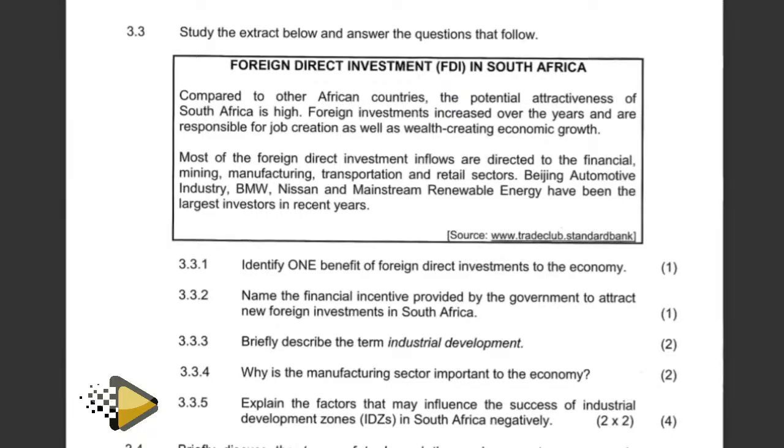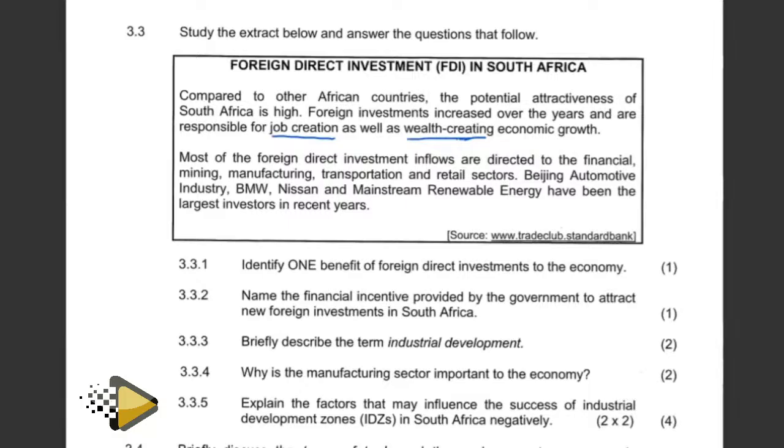Foreign direct investment in South Africa, compared to other African countries, shows that the potential attractiveness of South Africa is high. Foreign investments have increased over the years and are responsible for job creation, wealth creation and economic growth.